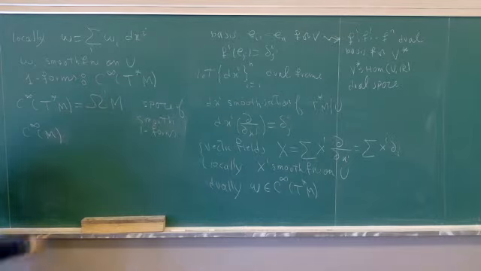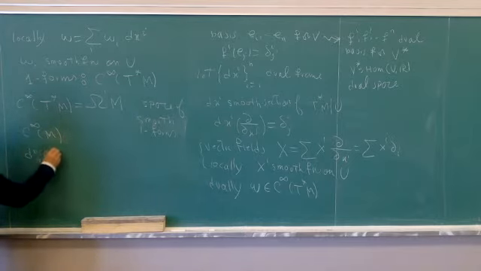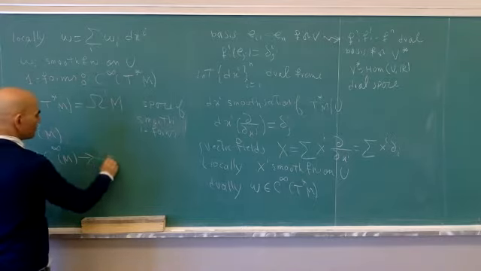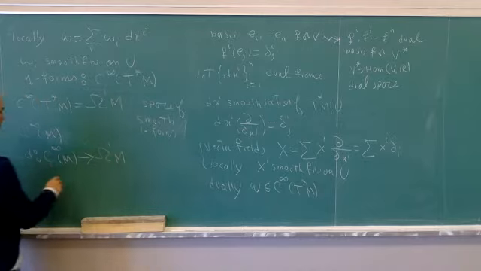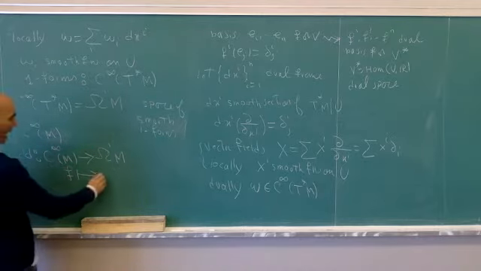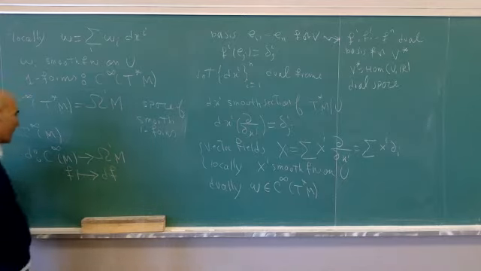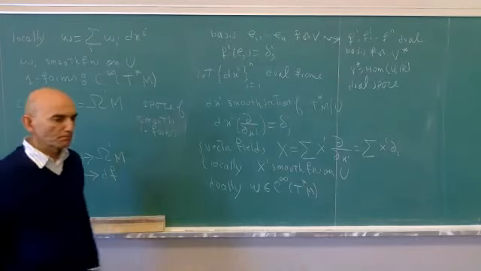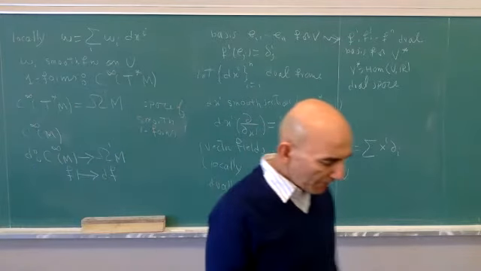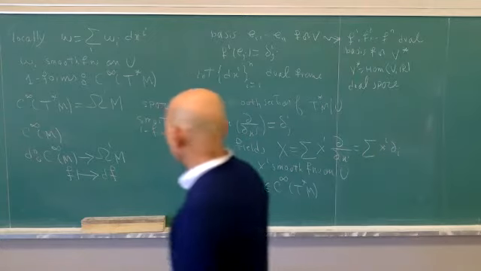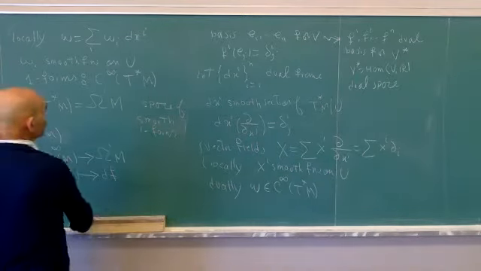Now I can define a map d from C infinity of M to Omega 1 of M. It takes a function f, surprise, surprise, to df. What is df? df is called the differential of f, and the easiest way to define df is to use coordinates.